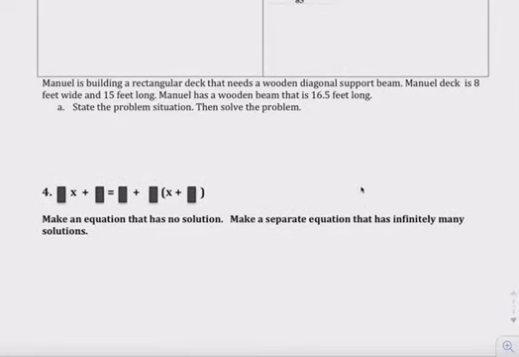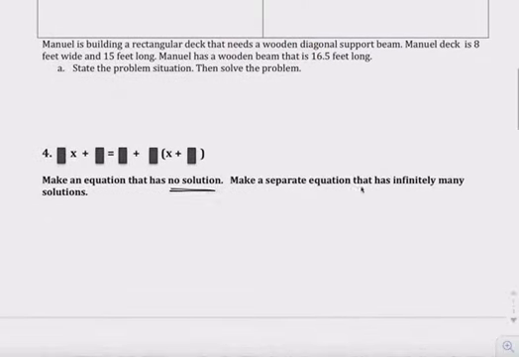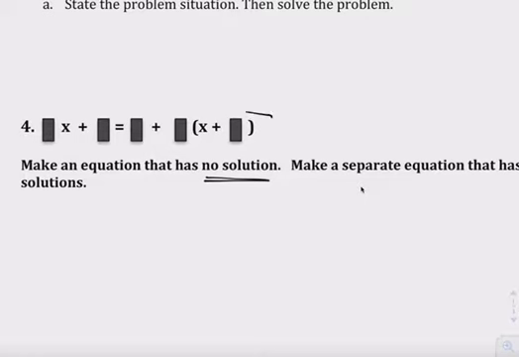Okay, this one. Make no solution. Remember, no solution. The x coefficients are the same, and the constants are different, or the slope, the rate of change, is the same and the y-intercept is different. So we need to make it the same. Let's start with the side with more stuff.